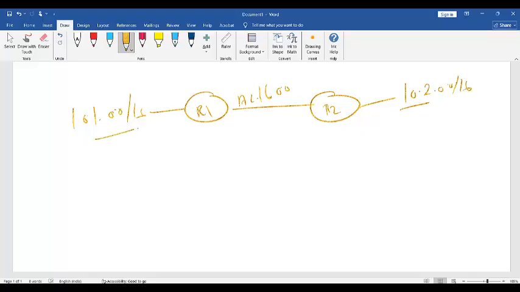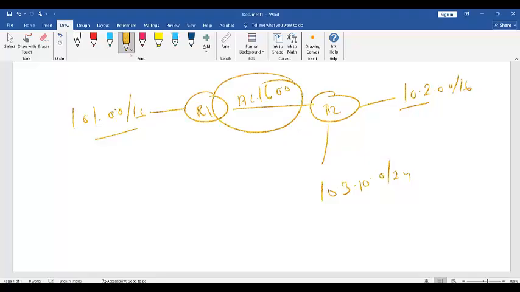You see, this is classless. And there may be another network, 10.3.0.0/24. Now you see, in the middle you have 172.16. If it is a classful protocol, there will be a discontiguity, meaning router 1 will not learn the routes of router 2, and router 2 won't learn the routes of router 1.